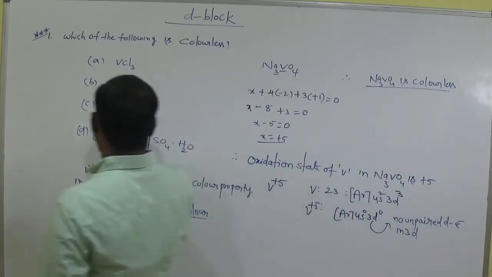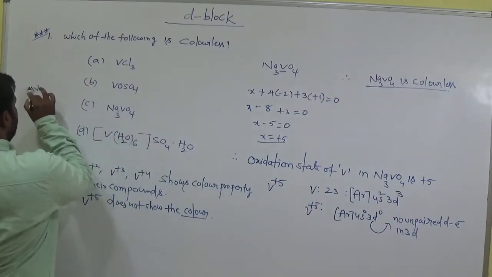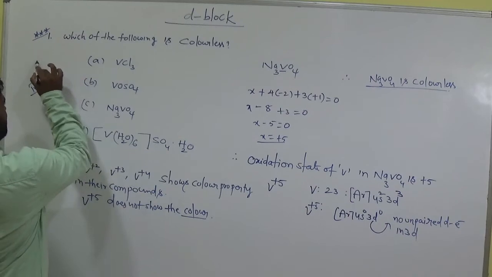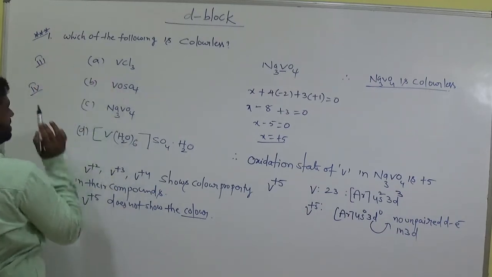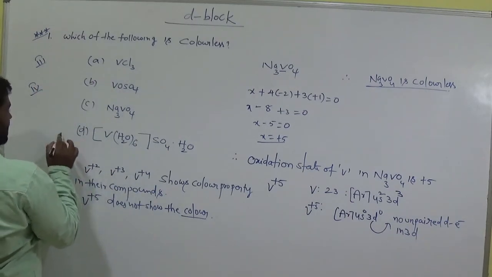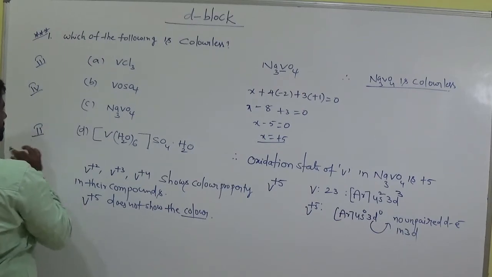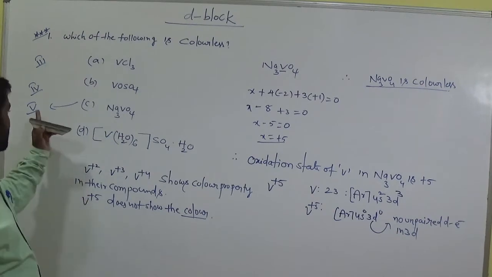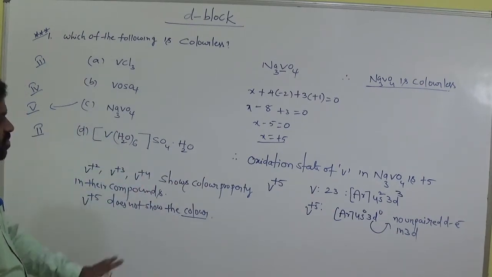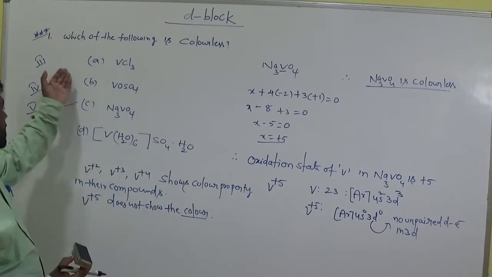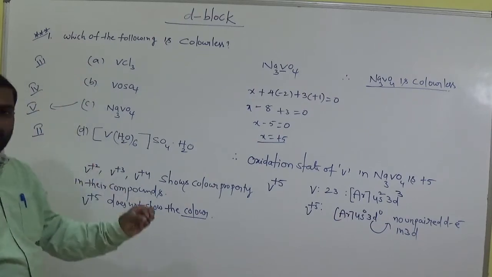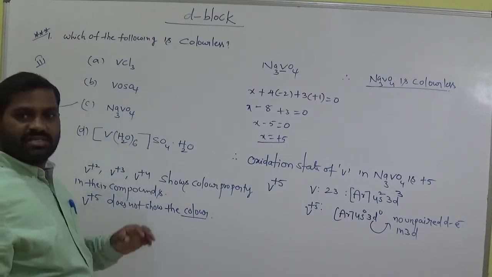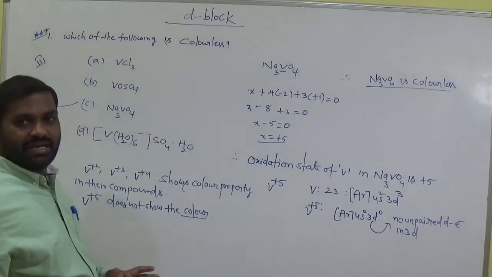So in these compounds vanadium exhibits +4, here it is +3, here it is +2, and in this compound it is +5 oxidation state. In +5 oxidation state there is no d electron. If you check V+3, it possesses at least 1 or 2 electrons in the d shell.